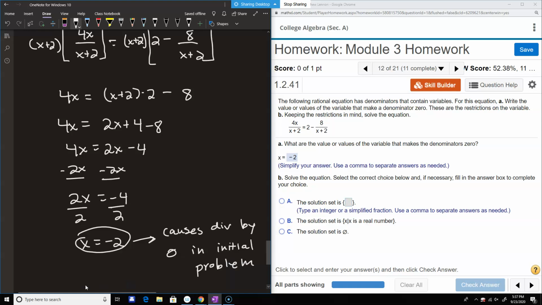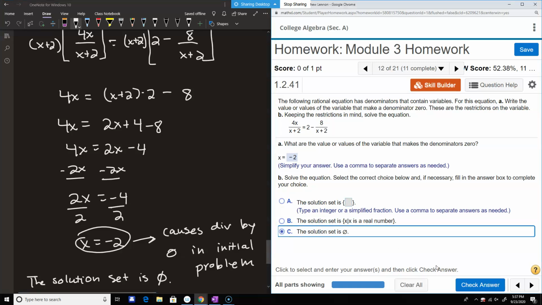So that's why we say the solution set is the empty set here. So that Greek letter phi, that represents the empty set, the set containing nothing.